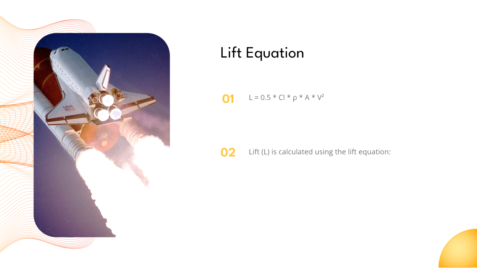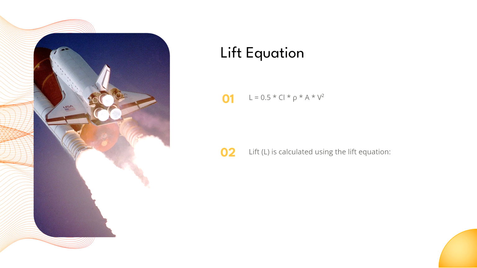So next, we have our lift as an equation. So lift is equal to 0.5 times the coefficient of lift times the air density times velocity squared.